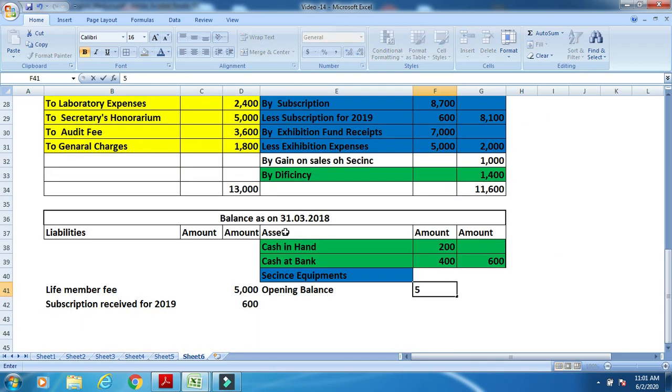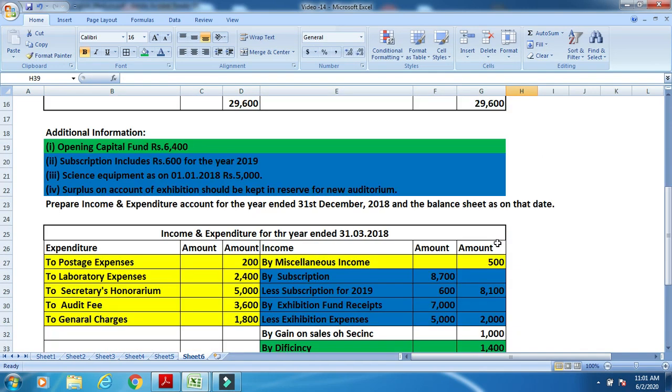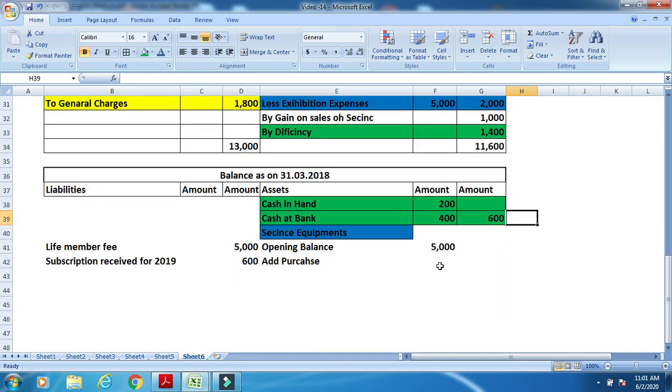Opening balance 5,000. Then add purchase. In the current year, on the payment side, they are given science equipment purchase 10,000. Already opening balance 5,000, again we purchase 10,000. What is the total? Total 15,000.